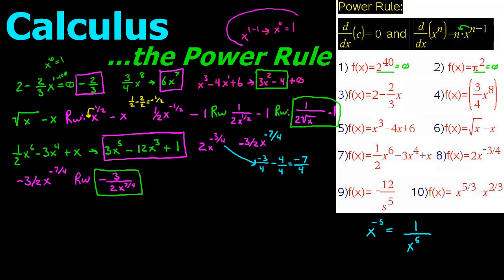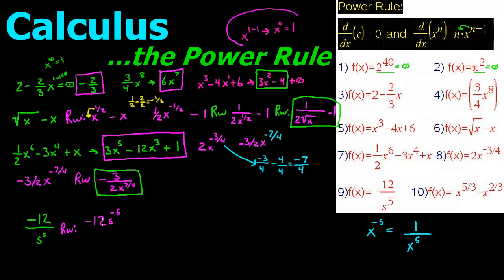Alright, so for number 9, we've got negative 12 over s to the 5th. Well, first thing you're going to do is rewrite this to say negative 12 times s to the negative 5th. Because remember over here, this x to the 5th is the same thing as putting an x to the negative 5th power up top.